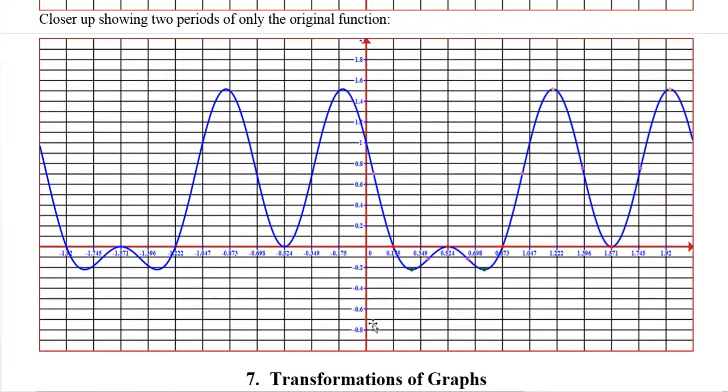So going back to 2 periods of just the original function, we see this, and in purple I've identified the inflection points. These up here are local and global maxima. We have global and local minima down here at these green ones. And that red one right there is both a local maximum and an x-intercept.